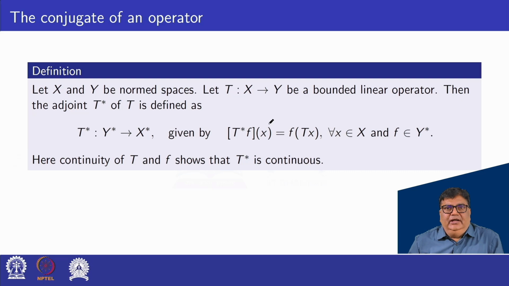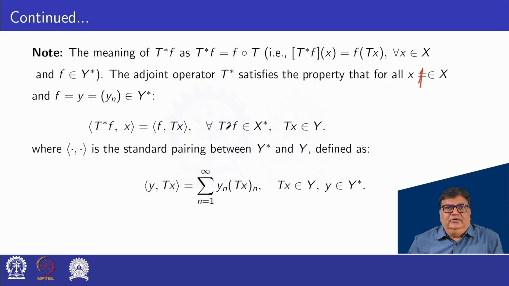And here x is an element of X, then Tx is an element of Y. Then the inner product of y and Tx, that is f, equals the summation n equal to 1 to infinity of yn, the sequence of y, and the sequence of Tx. This is the classical definition of inner product.